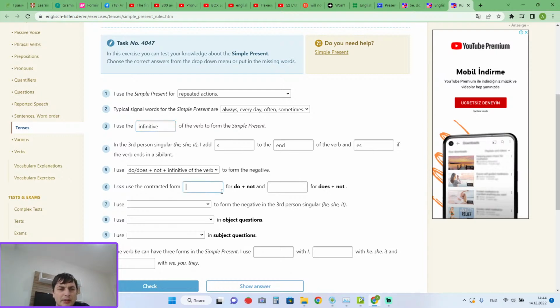I can use the contracted form for do plus not and for does plus not.